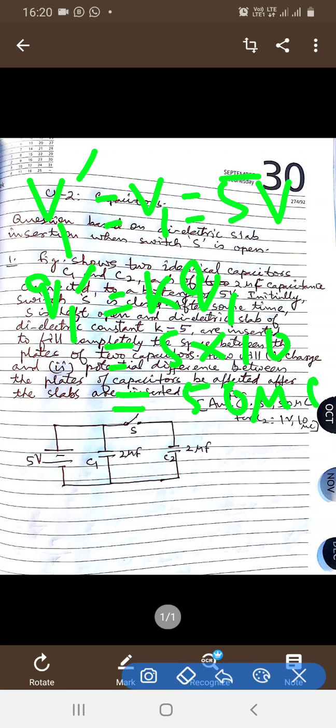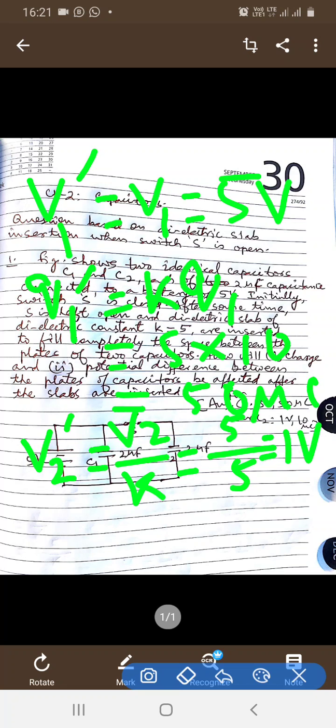For the capacitor C2 which is not connected with the supply, in that case V2 dash is equal to V2 upon K. Remember this one also, it is not connected with the supply, and V2 is equal to 5, K is equal to 5, this will be 1 volt. Note down this one also.